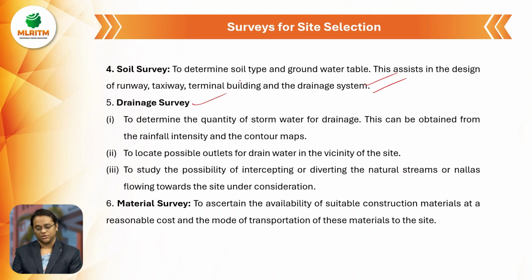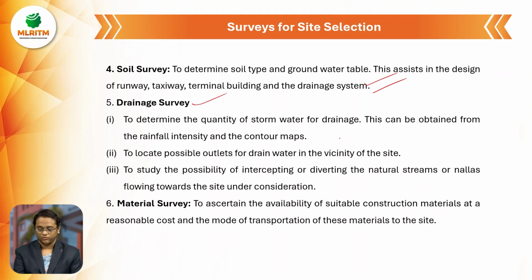And the drainage survey. Another important thing is, whenever we are expecting higher rainfall, we have to make sure that rainwater is not clogged on the runways or other parts of the airport. For that, we should have a proper drainage system and nearby water bodies that can collect all the excess water stored or clogged on the airport runways.